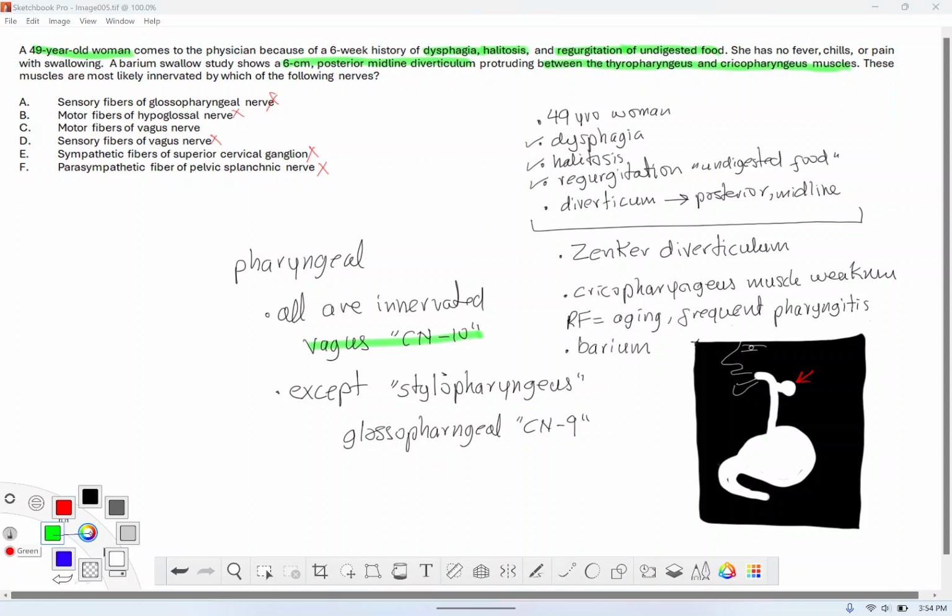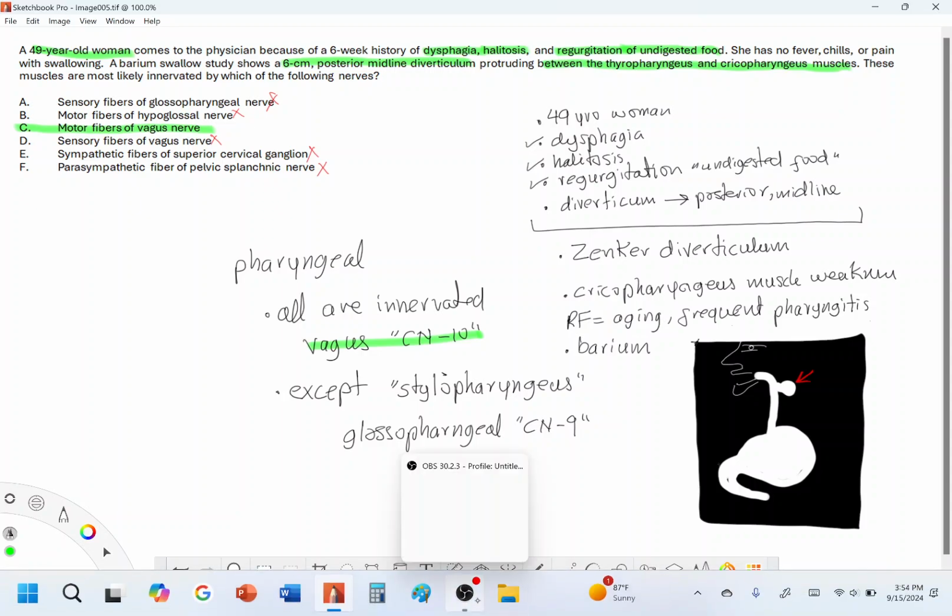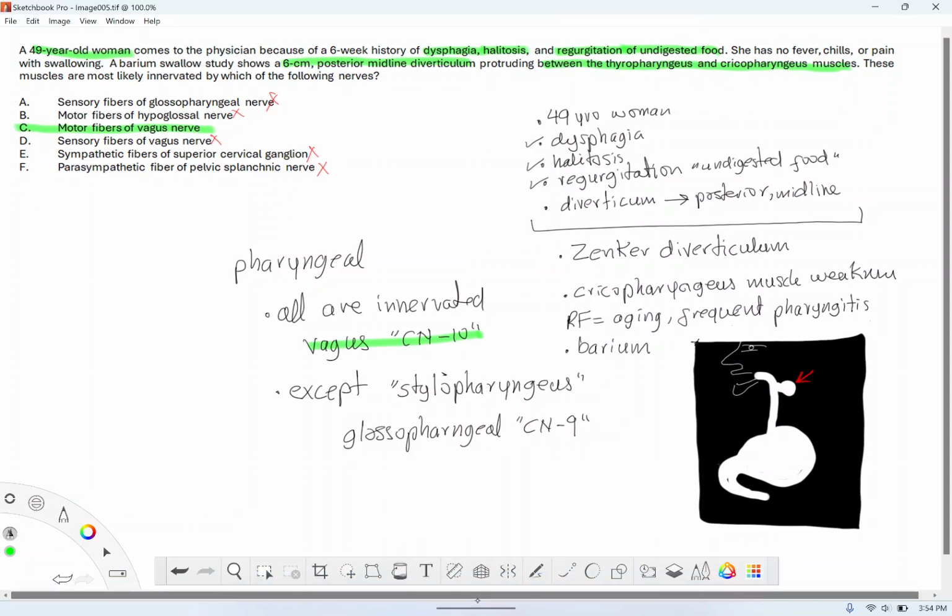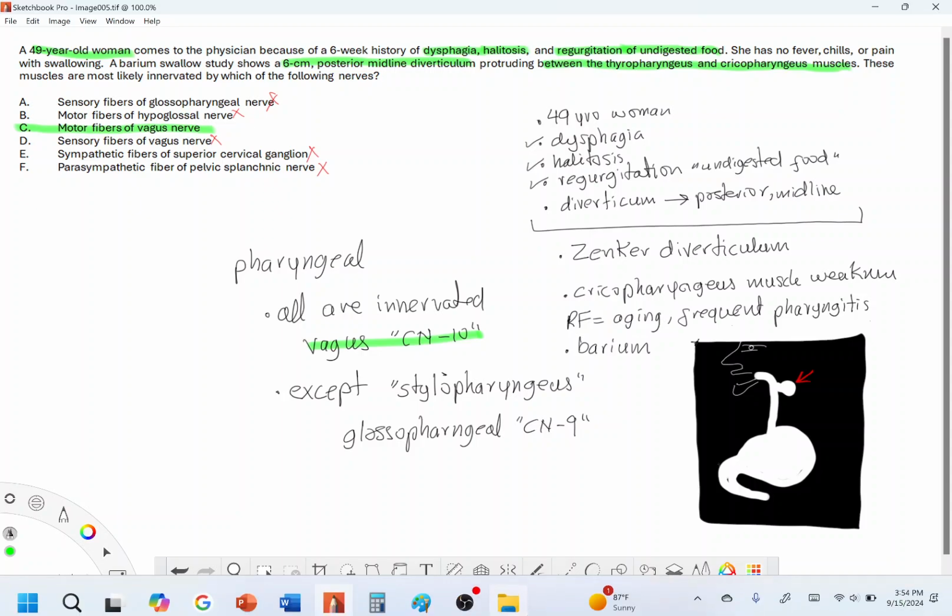So the answer should be motor fibers of the vagus nerve. There you go. Okay. Again, this is a very typical Step 1 question. You should always, guys, think of this: all pharyngeal muscles are supplied by the vagus nerve except stylopharyngeus, which is by the glossopharyngeal.